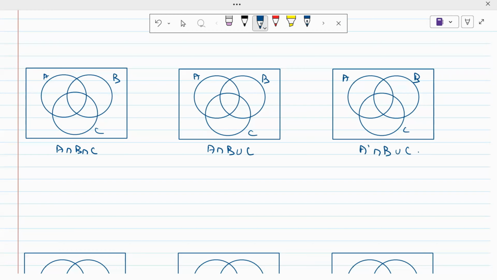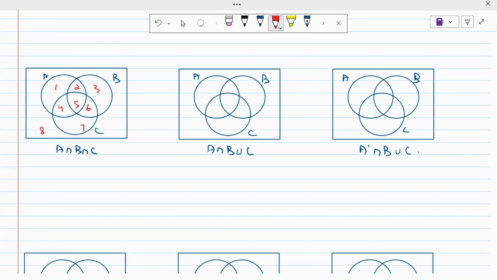So the basics remain the same. You have to see how many regions there are and label the regions first. For these types of three sets, we always have 8 regions. If I label them, this is going to be 1, 2, 3, 4, 5, 6, 7, and 8 is outside.